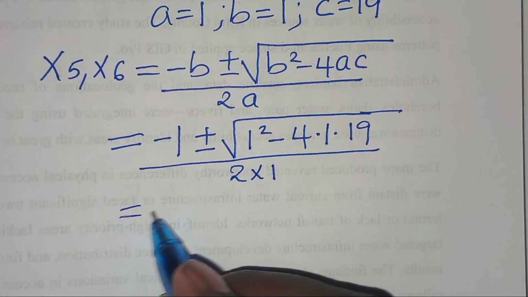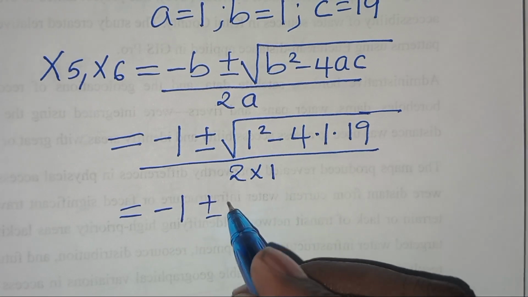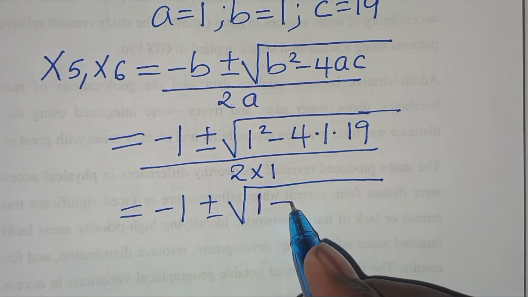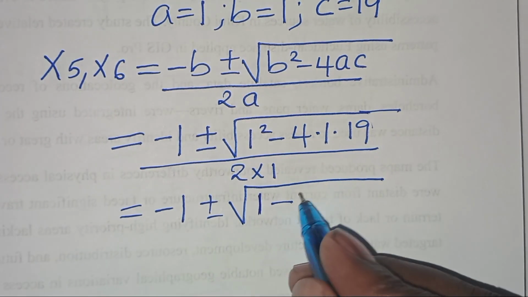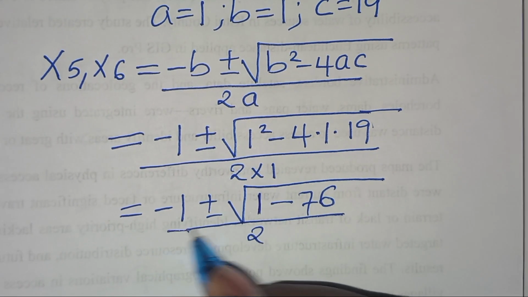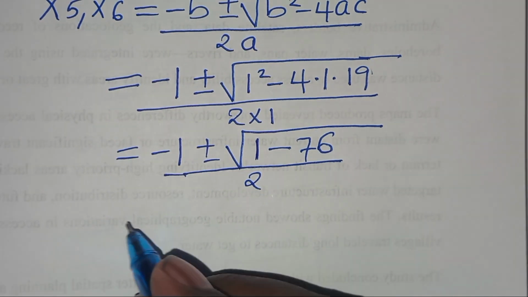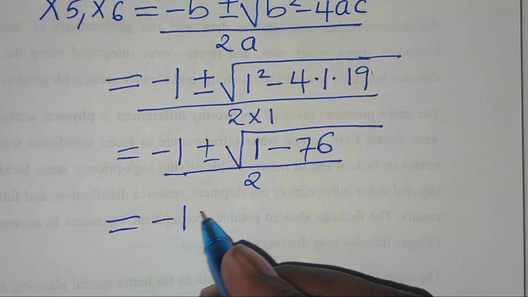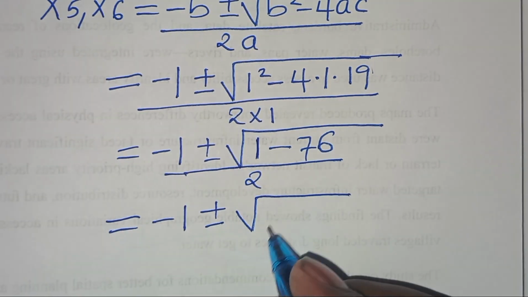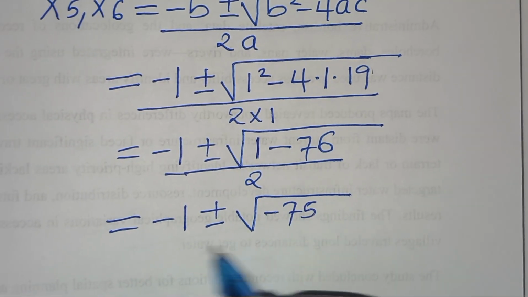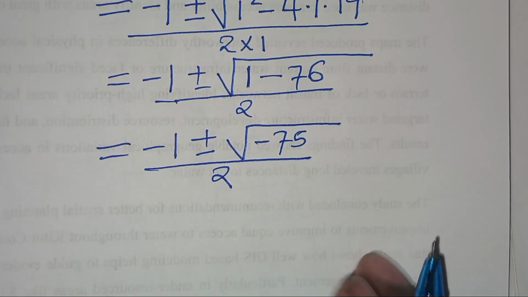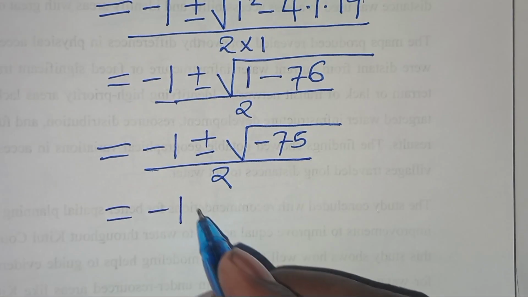So this is the same thing as minus 1 plus or minus the square root of 1 squared, this is 1, minus 19 times 4, this is 76, divided by 2. So this implies that this is minus 1 plus or minus the square root of 1 minus 76, this is minus 75, divided by 2. So this is equal to minus 1 plus or minus.